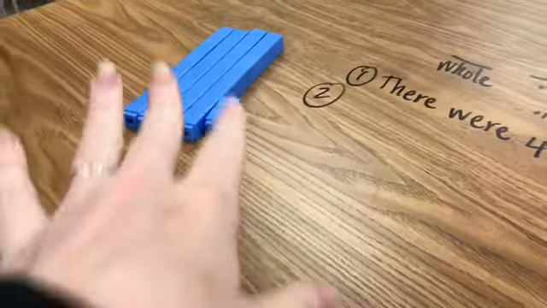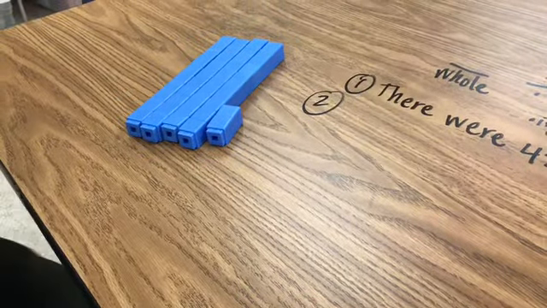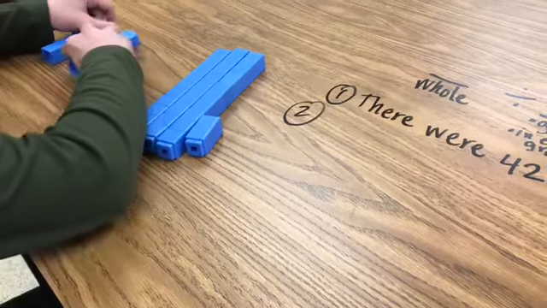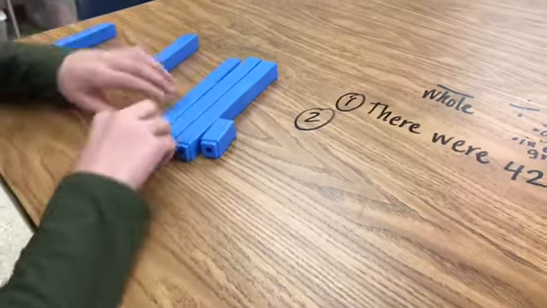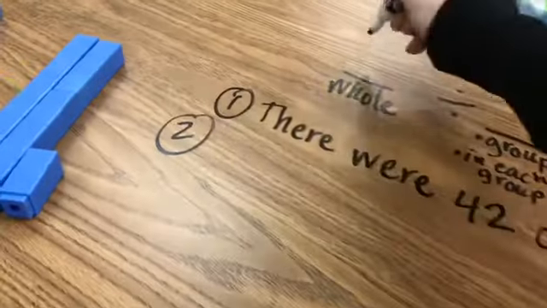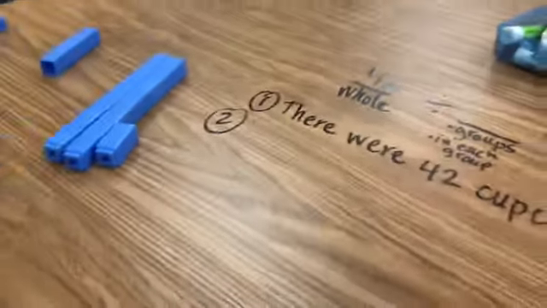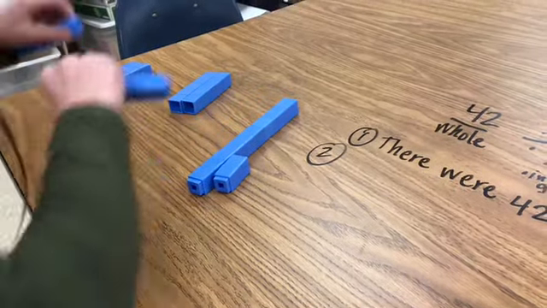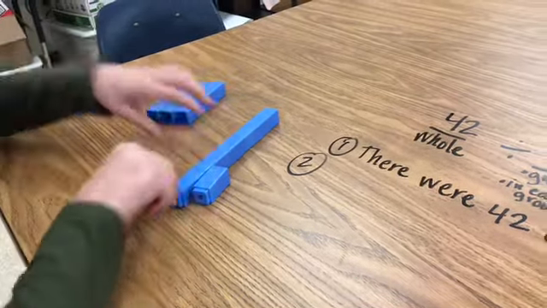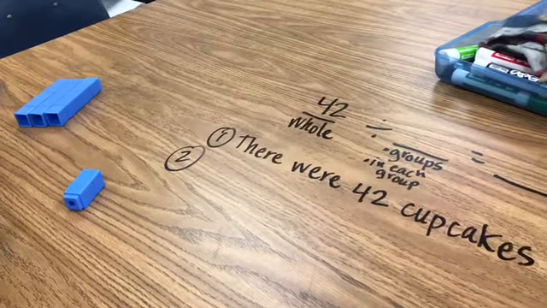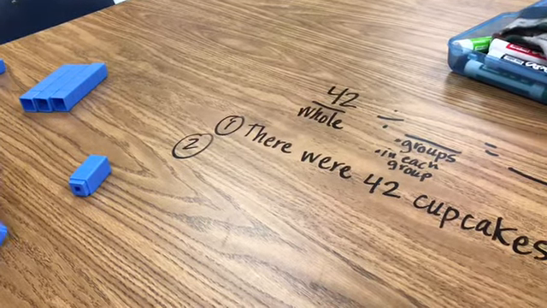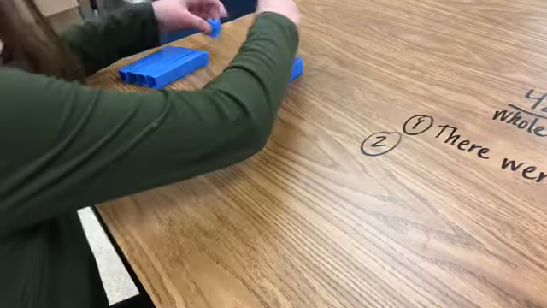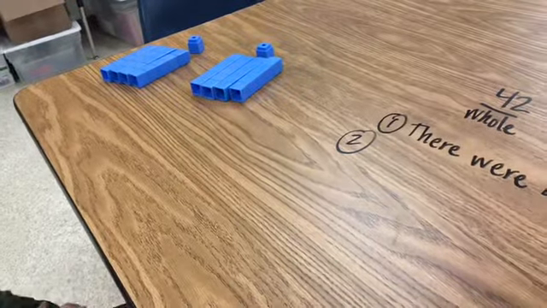I'm going to let you go ahead and group these into some equal groups. Let's make some equal groups. I'm going to put my 42 here because that's my whole. Ooh, so how many?